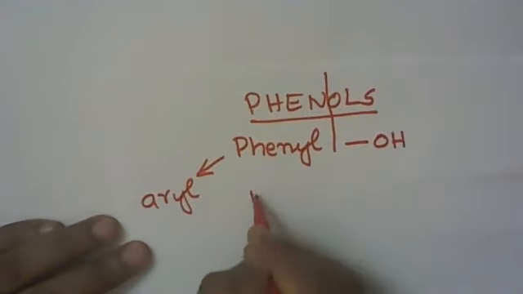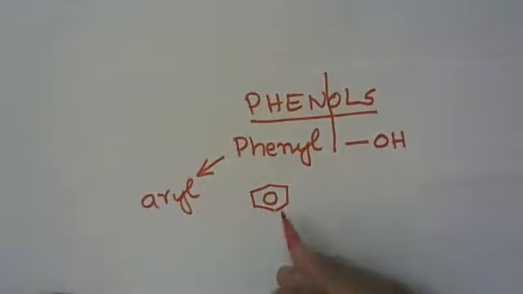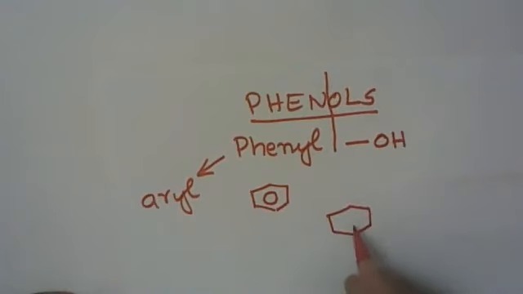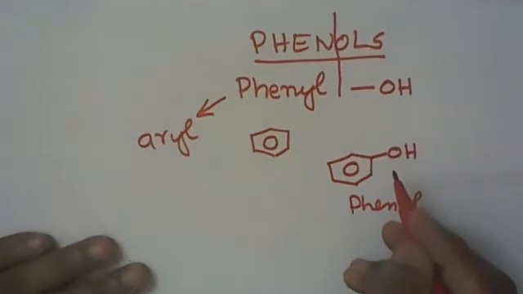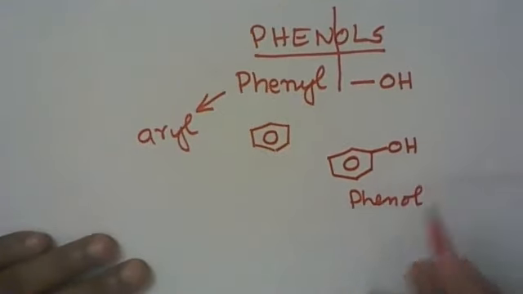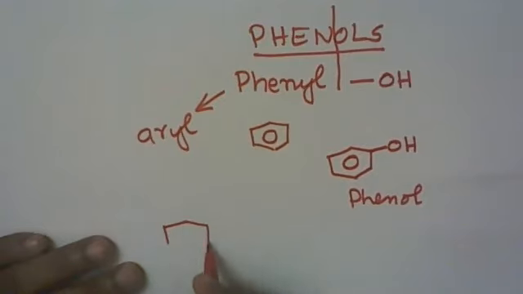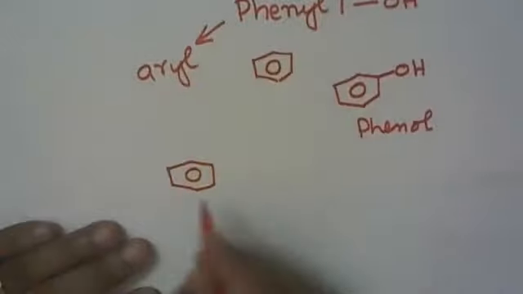What is aryl? Aryl means a compound containing at least one benzene ring, which means phenols are those compounds wherein the benzene is directly attached to the OH group. Okay, so this is known as the phenol. Now, here we have got benzene. What is the formula of benzene?